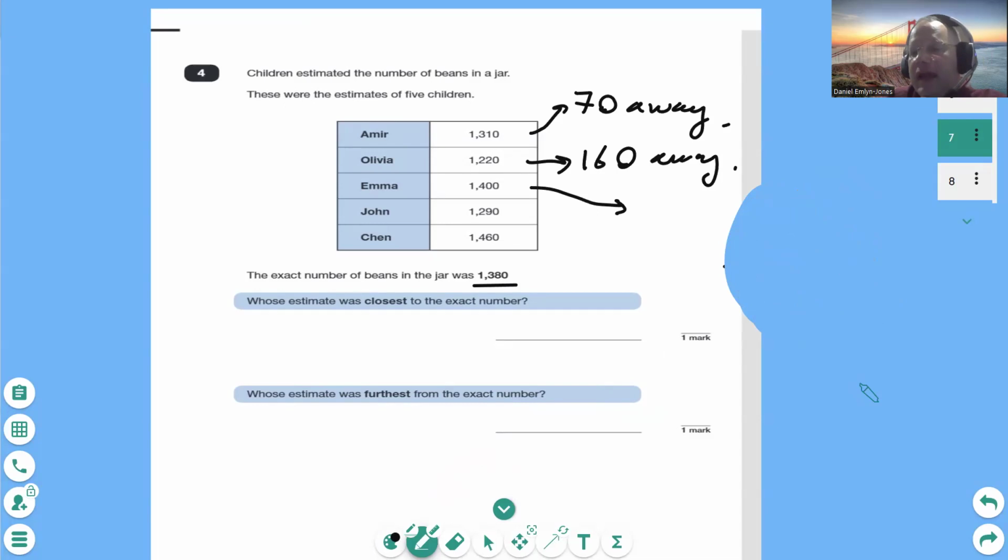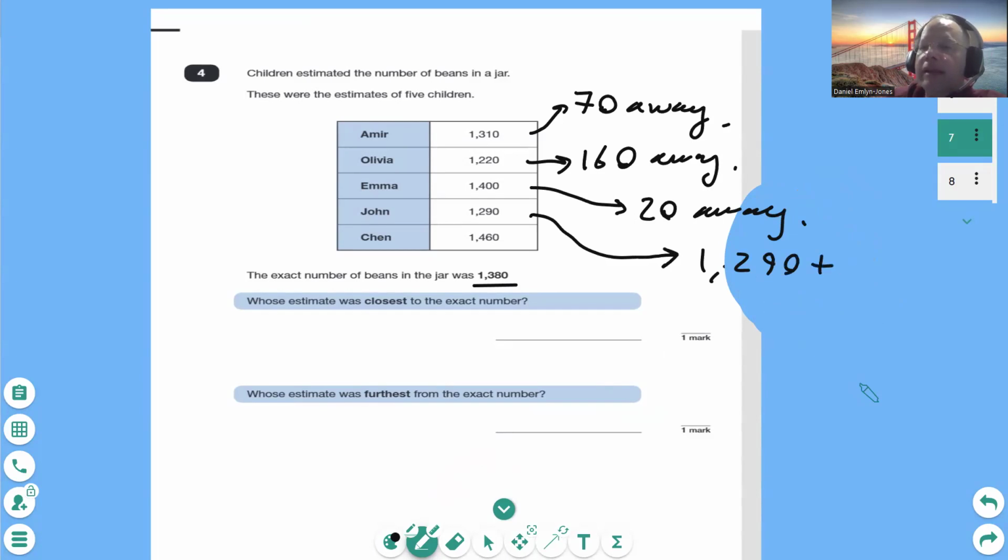Okay, next one, 1,400. Well, we can count down then, can't we? 1,400 is 20 away. So Emma's looking pretty close. 1,290. Well, if you add 1,290 plus 100, that's going to be 1,390, isn't it? But they want 1,380, so it's 10 less than 100.